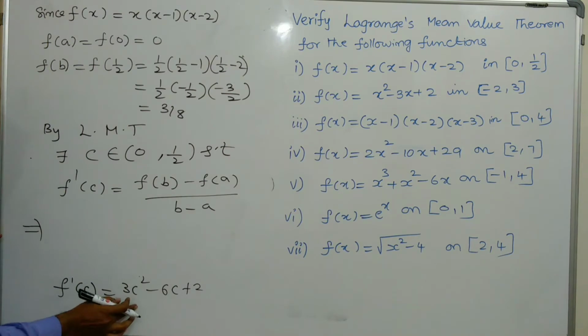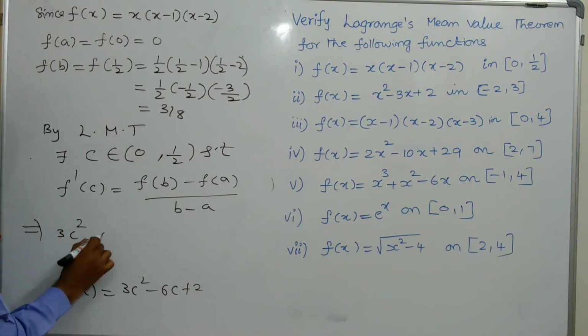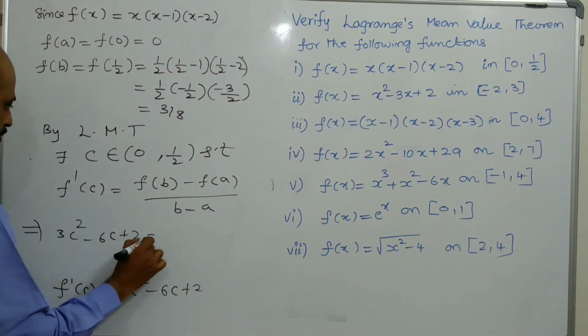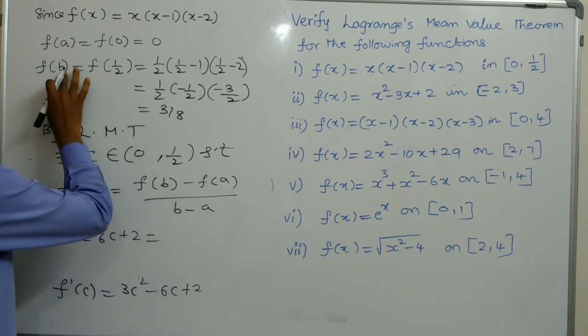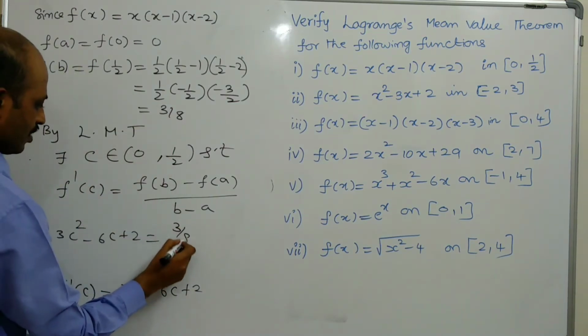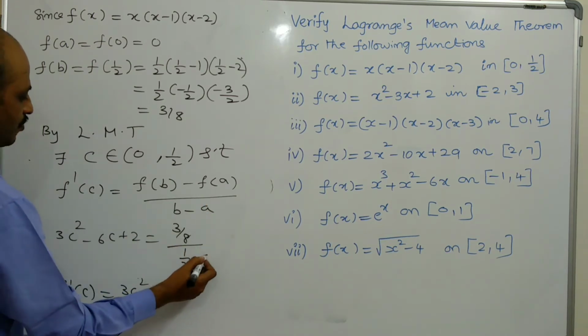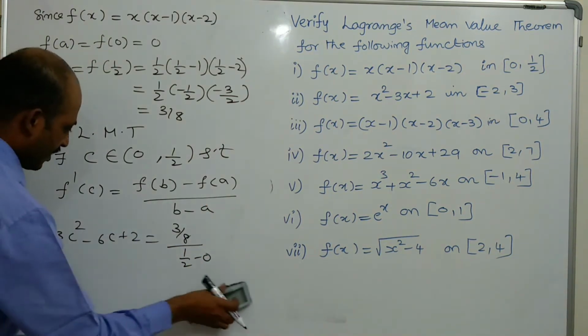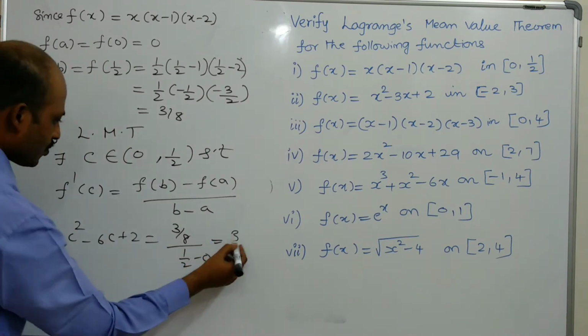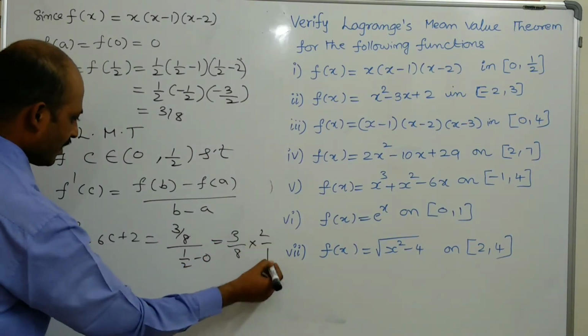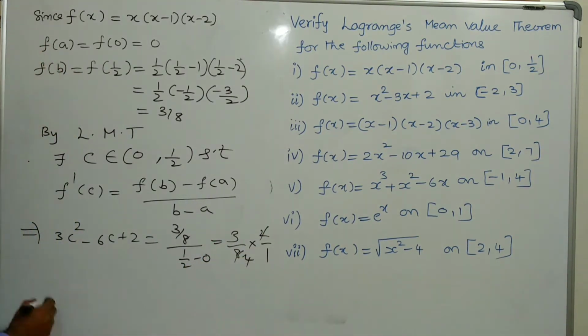What is f dash of c? Already we found that 3c square minus 6c plus 2. What is f of b? F of b is 3 by 8. F of a is 0, divided by b minus a, 1 by 2 minus 0. So let us simplify completely, which is equals to 3 by 8 into 2 by 1. 2 1s are 2, 4 2s are 8. You get 3 by 4.